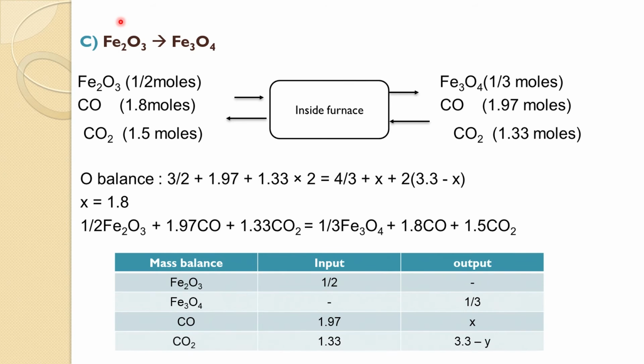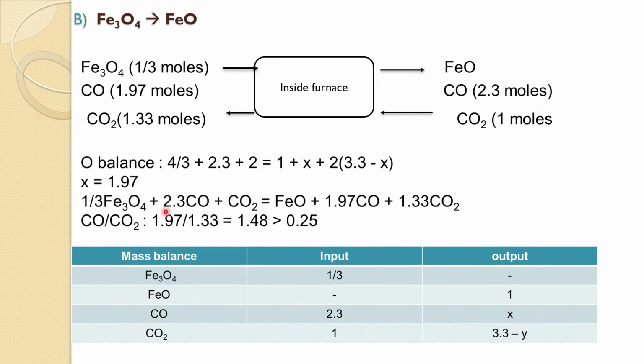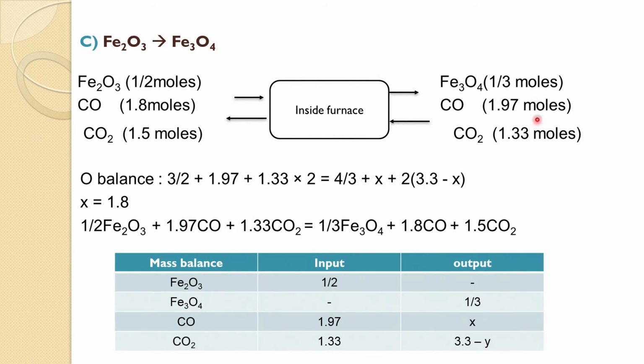So, for Fe2O3 we got these moles from here. That is the input for Fe2O3 to Fe3O4, and this is actually oxygen, one half, no, on a 1 mole basis. Because it is 2 moles, it would be half, same thing about here, and these values are coming from our previous calculation.